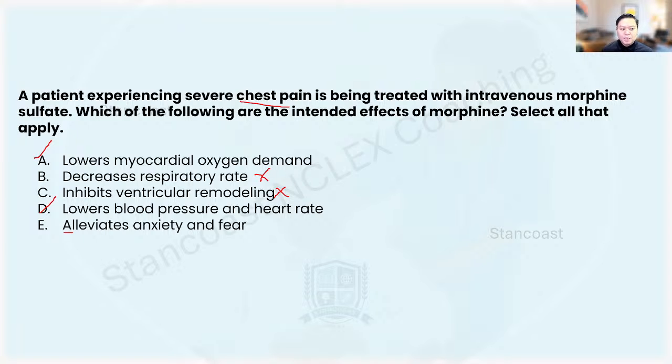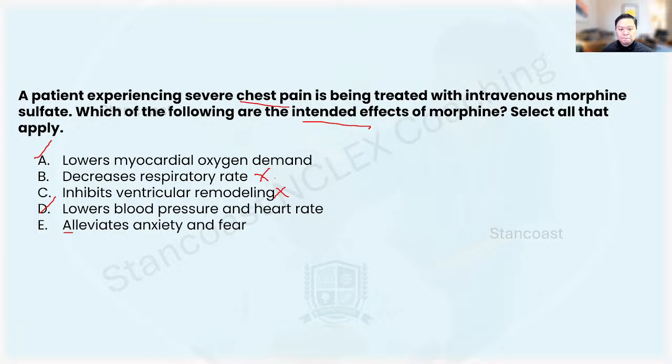But like I've said earlier, you've got to be careful here as you're being asked about the intended or therapeutic effect. It is not our intent to decrease the patient's respiration, although the patient will manifest that side effect, but this is not the primary reason that we are administering the morphine.